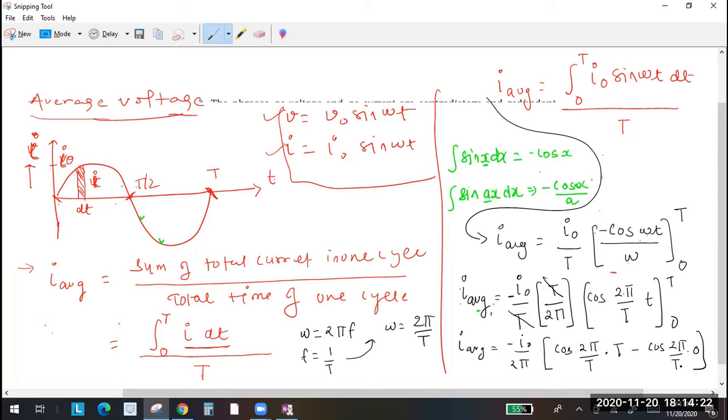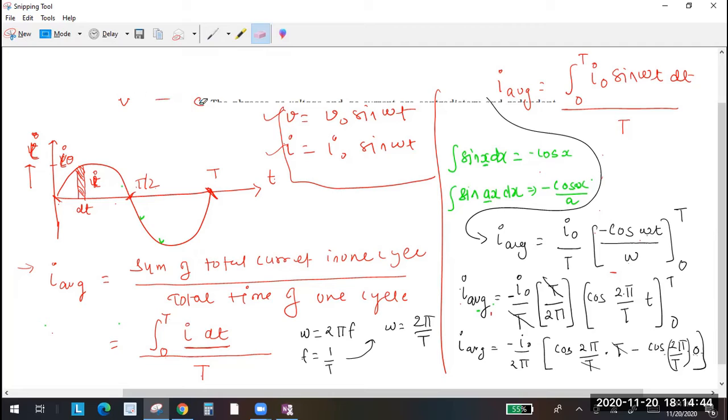Integration to subtract this. This is multiply, so this T and T cancel. This is 0 times this value, this will give you cos 0, 0. So shall I erase this part?